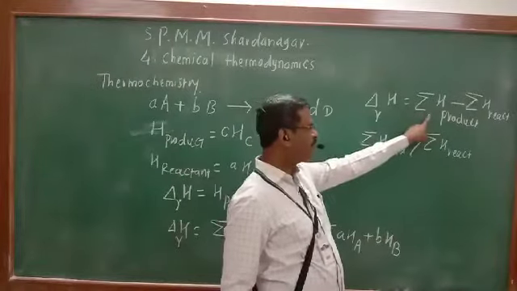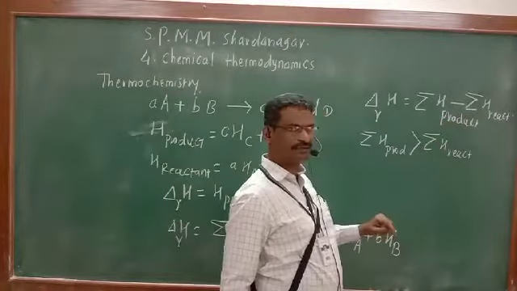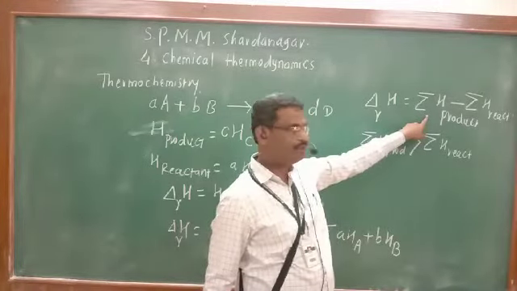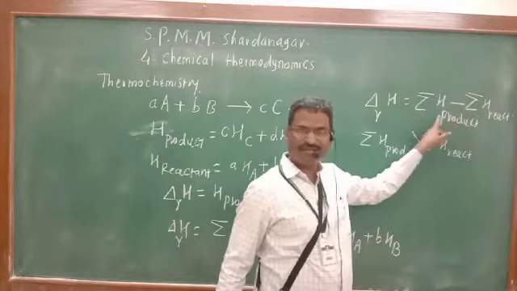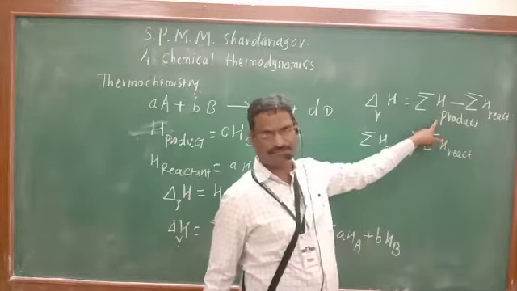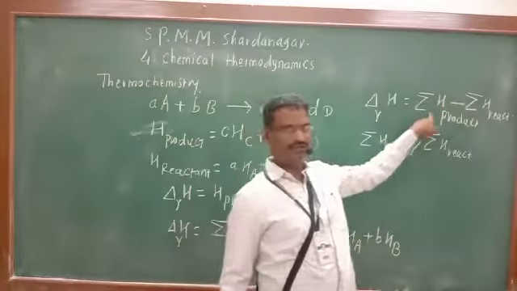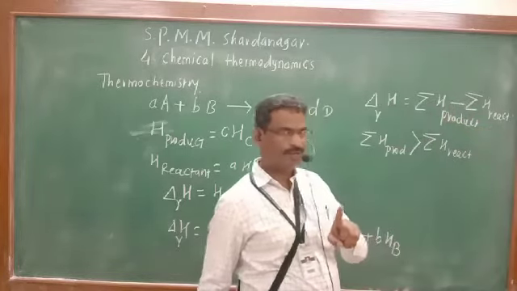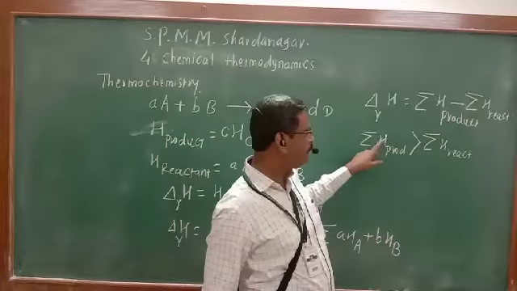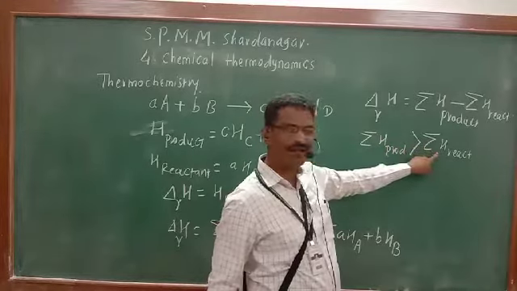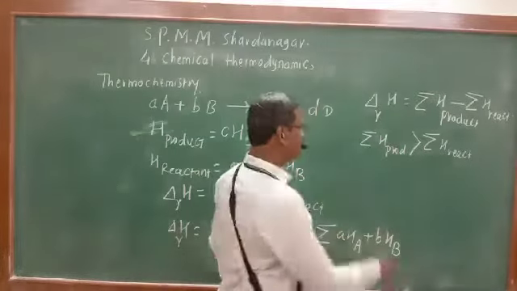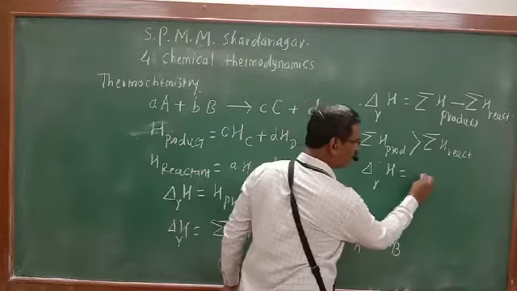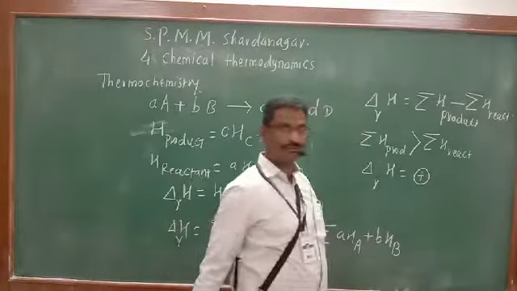Suppose this is 100 and this is 90. What is the answer? Plus 10. This is 100, this is 99, the answer is plus 1. So whenever enthalpy of product is greater than enthalpy of reactant, delta H of reaction is positive.